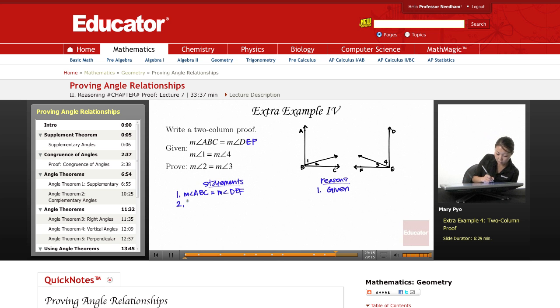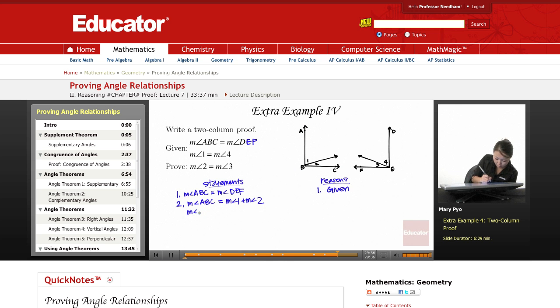So measure of angle ABC equals measure of angle 1 plus measure of angle 2, right? Measure of angle 1 plus measure of angle 2 equals this big thing. And same thing for the other one.